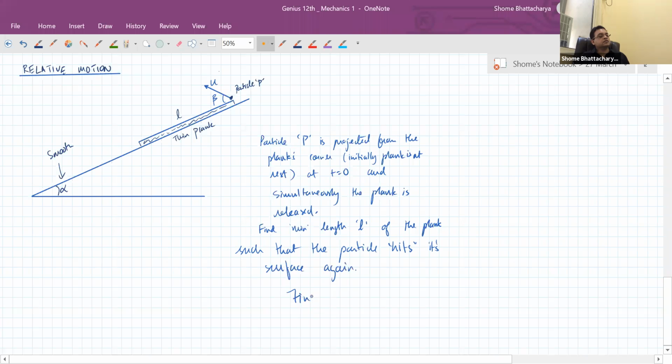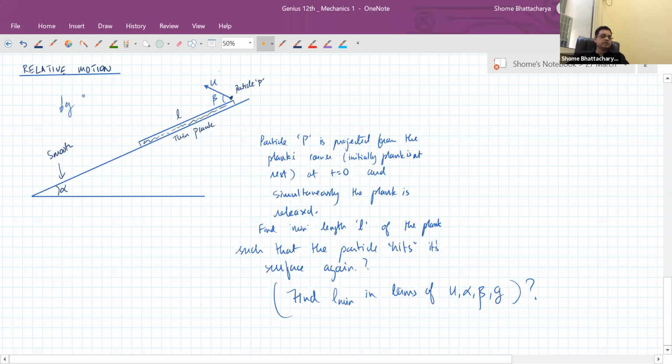So we want to find this minimum length in terms of the quantities given: u, alpha, beta, and g. So you have to give the answer parametrically in terms of these quantities which are given.